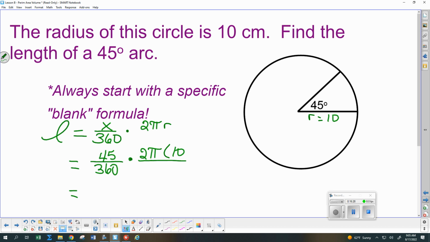So if I don't do that part with a calculator, I would need to look at it and say, well, what can cancel? Oh, a 10 will get rid of that 0 and make it just a 36. And then, oh, wait a minute, 45 and 36 are both divisible by 9, right? So if I divide the top by 9, I have a 5, and the bottom by a 9, and I have a 4.